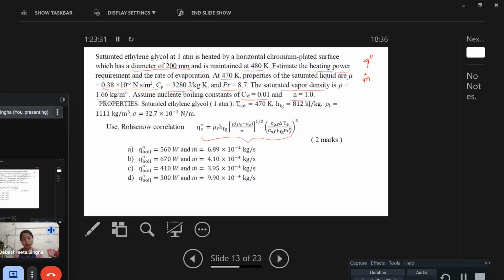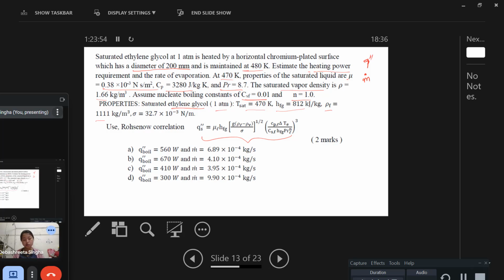This is for boiling, right? Nucleate boiling. Now the saturated properties are given for the material, that means saturated ethylene glycol at 1 atmosphere. Saturated temperature is 470 Kelvin. h fg is given as 812 kilojoule per kg.